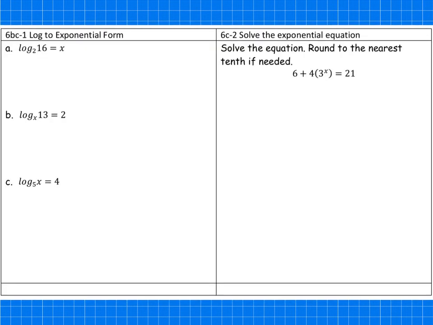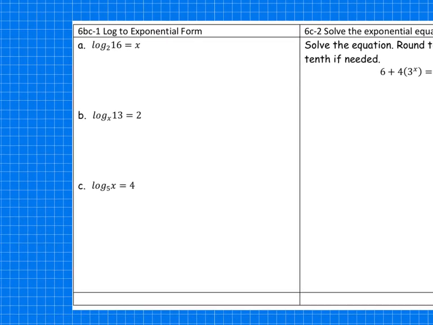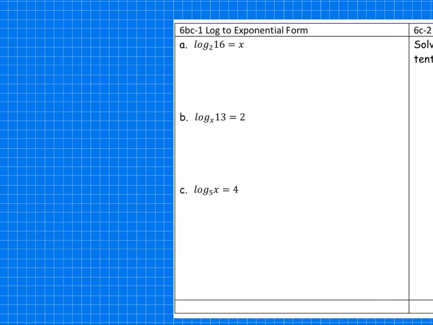All right. Logs. The inverse of exponentials. So, things you need to have in your notes. Log base b of a equals x can be written as b to the power of x equals a.